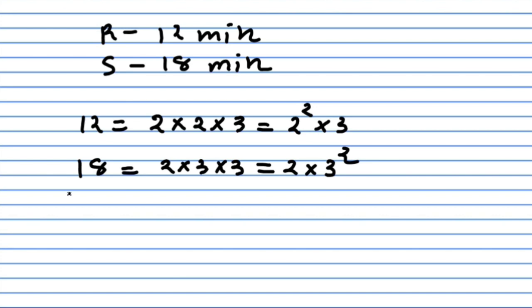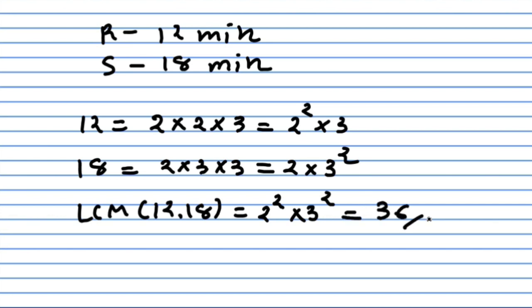So the LCM of 12 and 18 is equal to 2 square multiplied by 3 square, which is equal to 36. It means Ravi and Sonia will meet at the starting point after 36 minutes. Okay, so this is the answer.